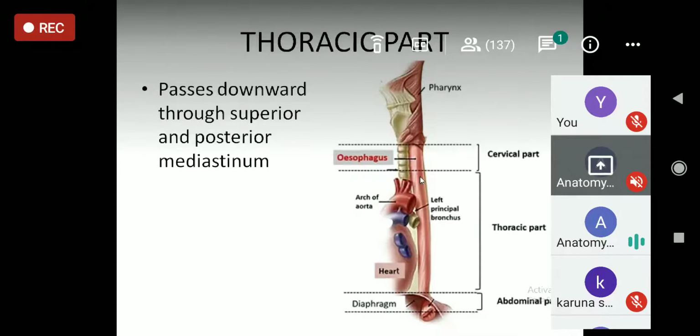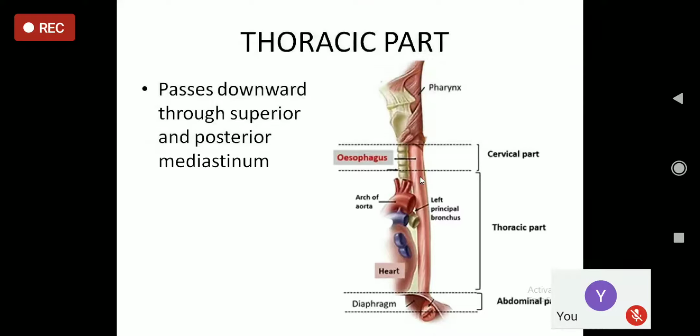The rest of you also try to participate. Mediastinum is divided into superior mediastinum and inferior mediastinum. Inferior mediastinum is further divided into anterior, middle, and posterior mediastinum. Now tell me, among this division, esophagus is the content of which mediastinum? Superior and posterior. Posterior mediastinum within the inferior, and then superior mediastinum.